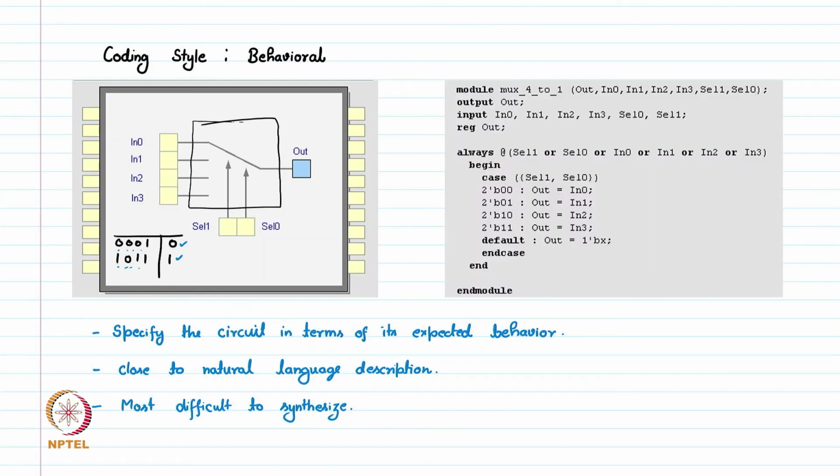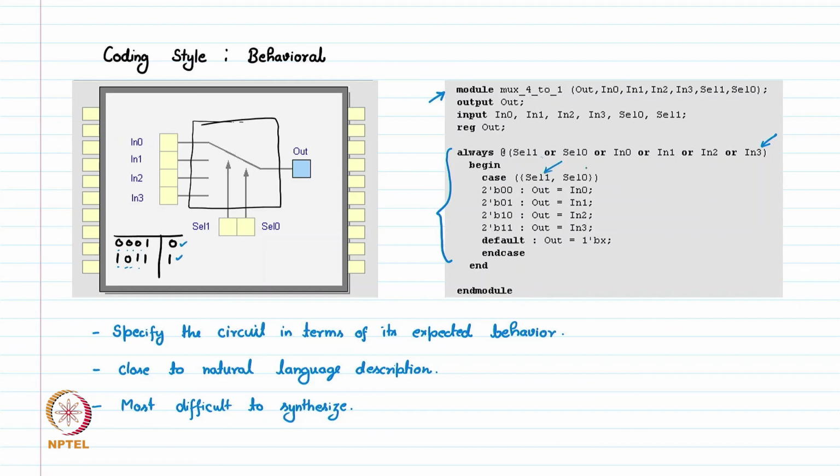This is a particular behavioral coding style. We again start with the module definition of mux 4 to 1, and here we have this always statement. This is nothing but we are defining the functionality: always at selector 1 or selector 0 or input or any of the signals coming in, then we begin the case selector 1 and selector 0.